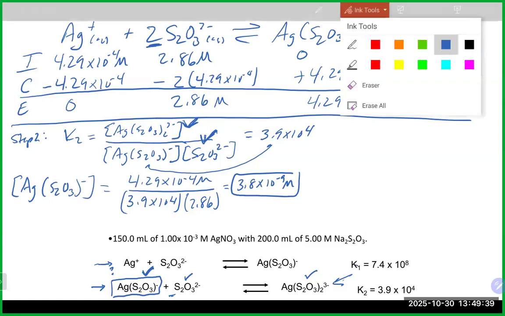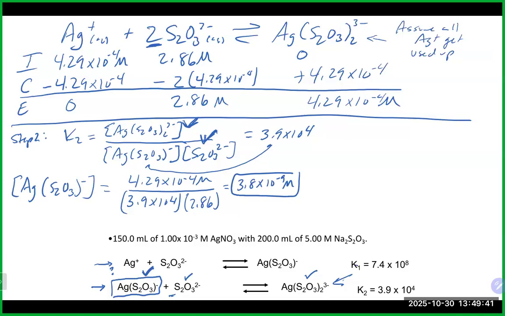And since I used the second one last time, I could now use, if I wanted to, the first equilibrium, because now I have this guy's information from the calculation we just did. I have this guy's information that will allow me actually to get to the silver here by using the first one.